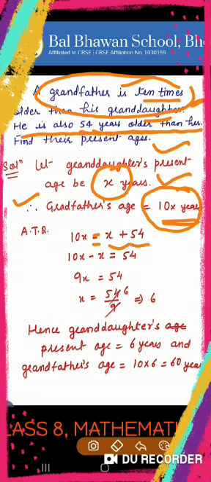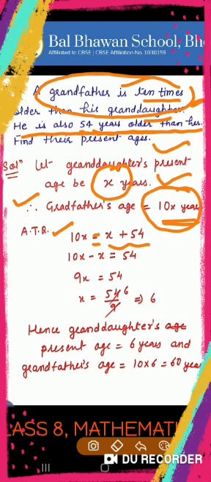Because he is 54 years older. If the granddaughter's age is 10, then the grandfather's age will be 10 plus 54. Whatever the age of the granddaughter, it is added with 54 to get the grandfather's age. That's why it is expressed as 10x equals x plus 54.